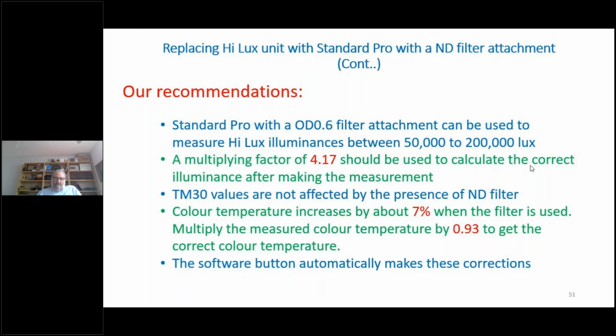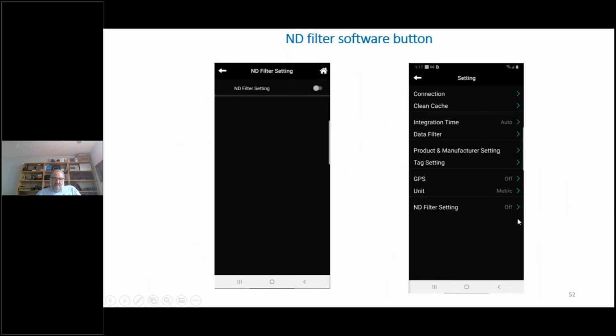TM30 values remain the same, and the color temperature increases by 7% when the filter is used. So we have introduced a software feature that automatically does the adjustments for you. Once you put the neutral density filter on, it will just do all the calculations. So it automatically multiplies by 4.17 and corrects the color temperature, and you're good to go.